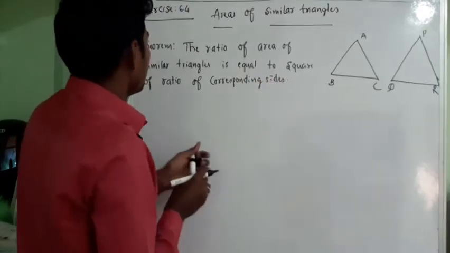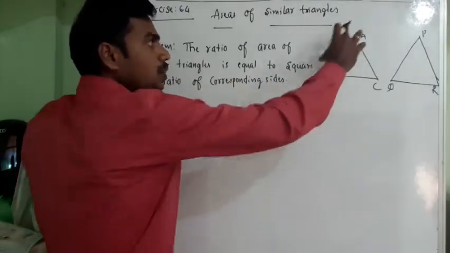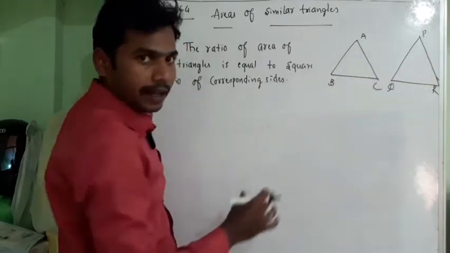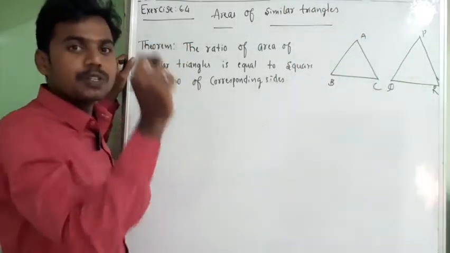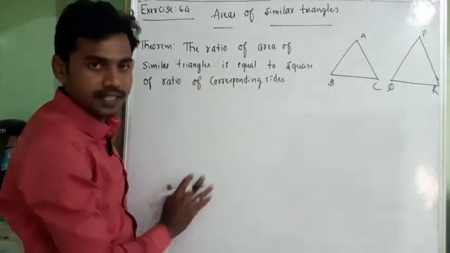See, the ratio of area of triangles is equal to the square of the ratio of corresponding sides.